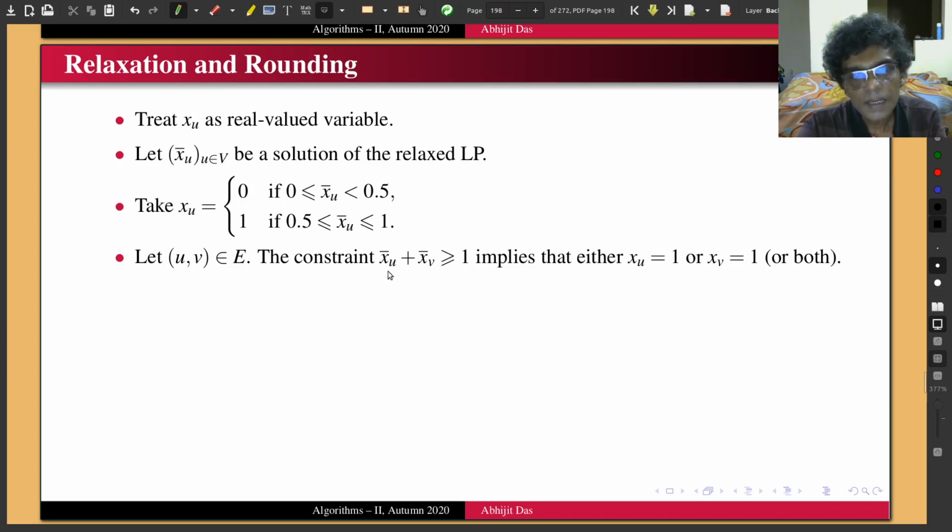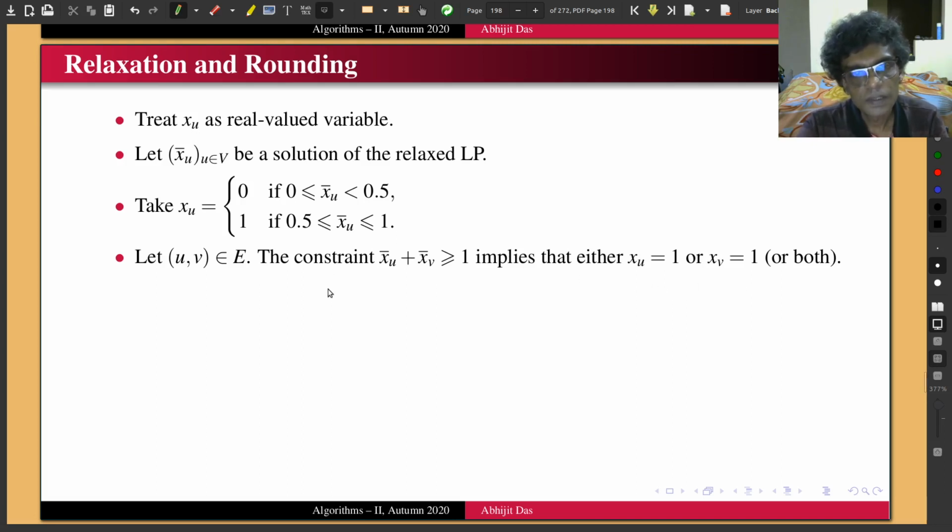This says that this and this cannot both be less than 0.5. At least one of them, or maybe both of them, are greater than or equal to 0.5. If so, I have taken either XU equal to 1 or XV equal to 1 or both. Therefore, every edge U, V is covered by these assignments. So this is a feasible solution.